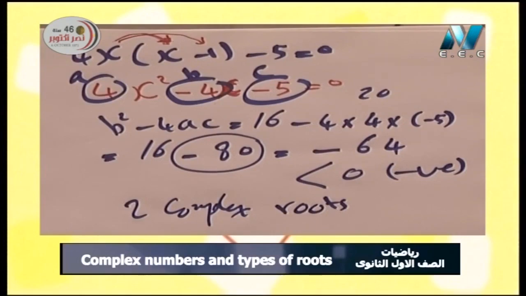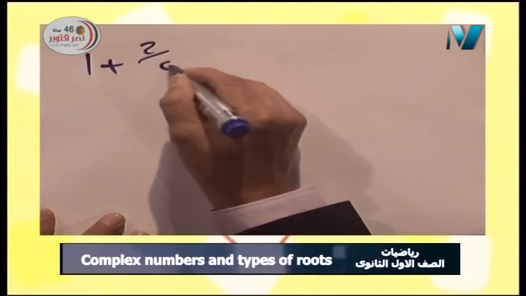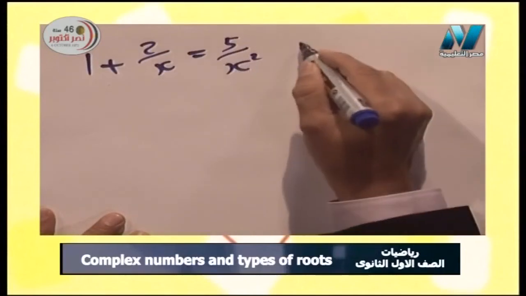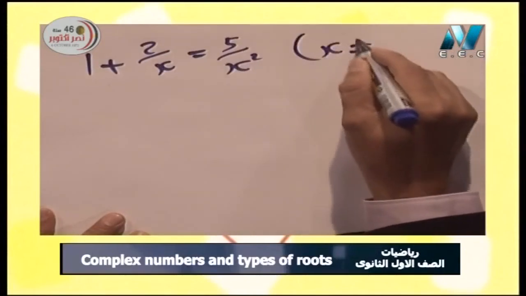Okay, let's move to another question. Yes, my dear students, if we have a question with a denominator of x or any other number, I think most students have a problem with it. So try it now. Determine the two roots of the equation 1 + 2/x = 5/x², and take care that x doesn't equal 0.